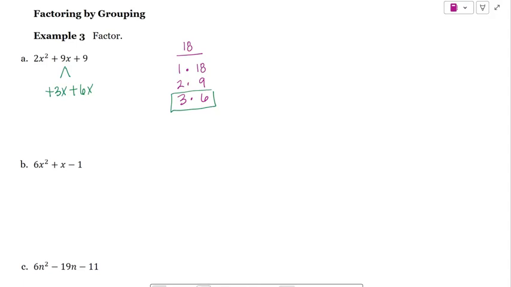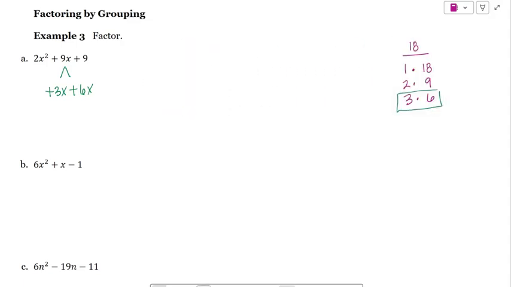All right, let me move this over. And let's rewrite this. So now what I have is 2x squared plus 3x plus 6x plus 9. All right, now this is the grouping part. I'm going to take the first two terms and group them together and factor out the greatest common factor, and do the same thing with the second two terms.